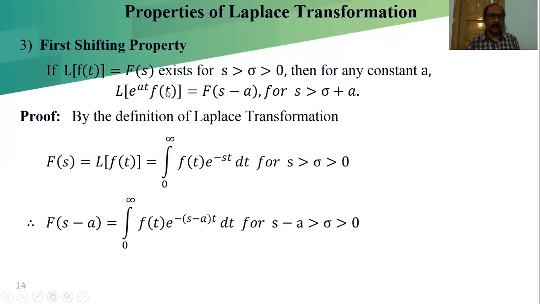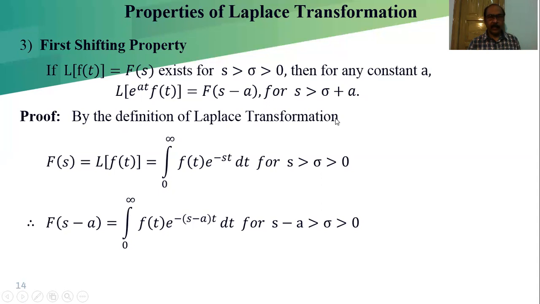We have to show that s will be changed to s minus a. If our f(t) is multiplied by e to the power at, then the Laplace transformation F(s) will be changed to F(s minus a).